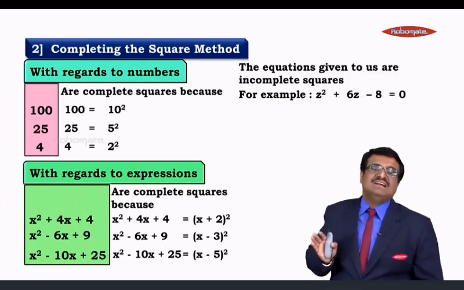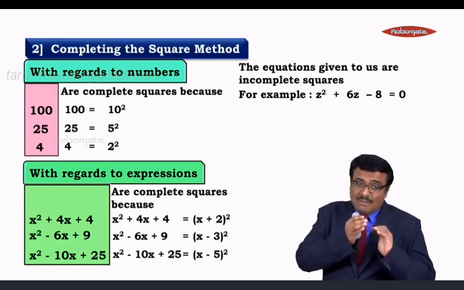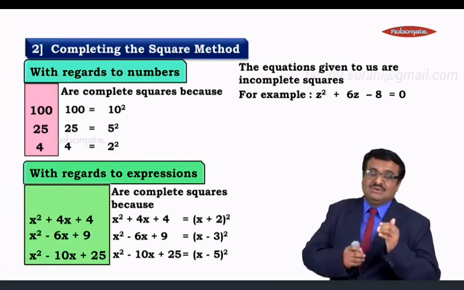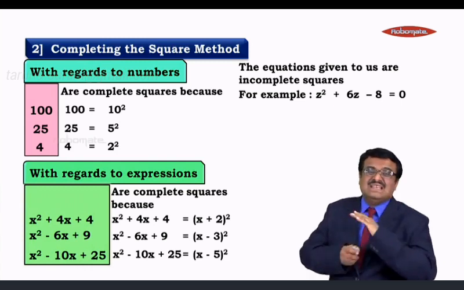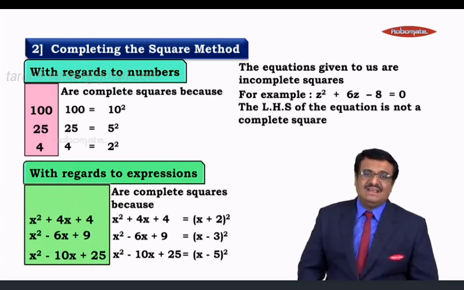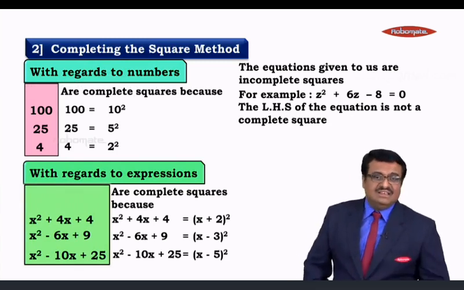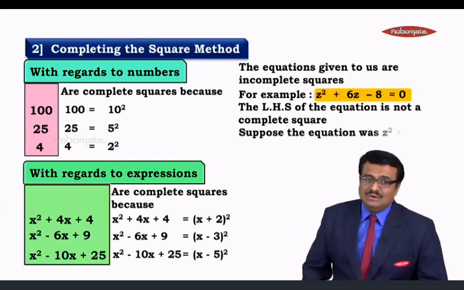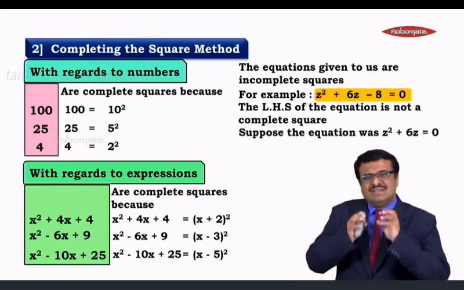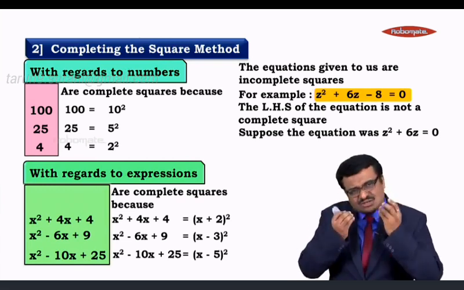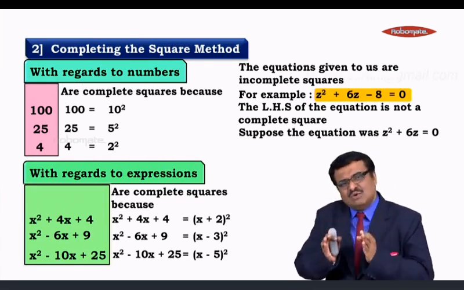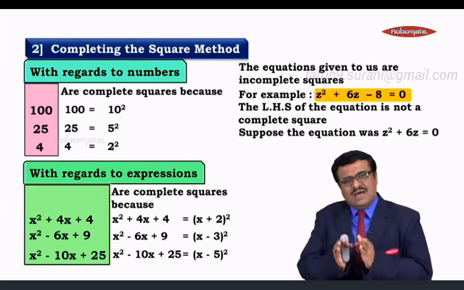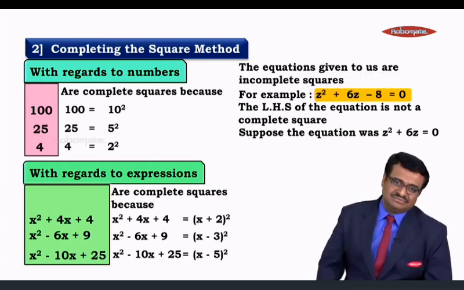So that is why we are going to use this method, the method of completing the squares. This equation that is given is an incomplete square, right? The LHS of the equation is not a complete square, we understand, right? So what we do: suppose that minus 8 was not there. Suppose your equation was just z square plus 6z is equal to 0.